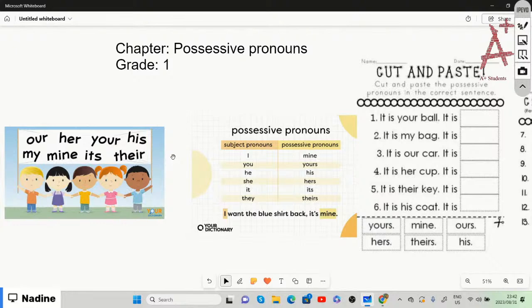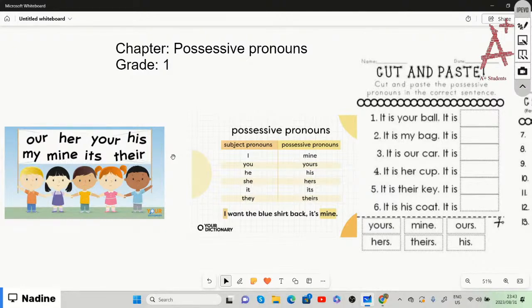It refers to something that either you own or something that belongs to you, or it even shows something that someone has, right? Which means that if he has something, then it is his, right? If she has something, then it is hers. If they have something, then it is theirs. If I have something, then it is mine, right?